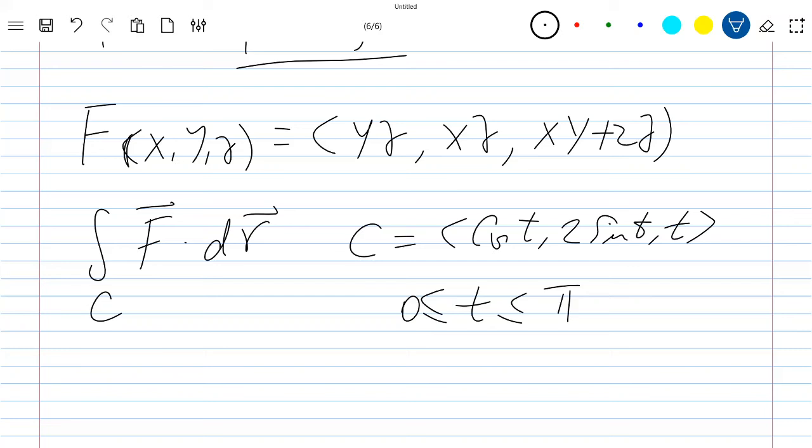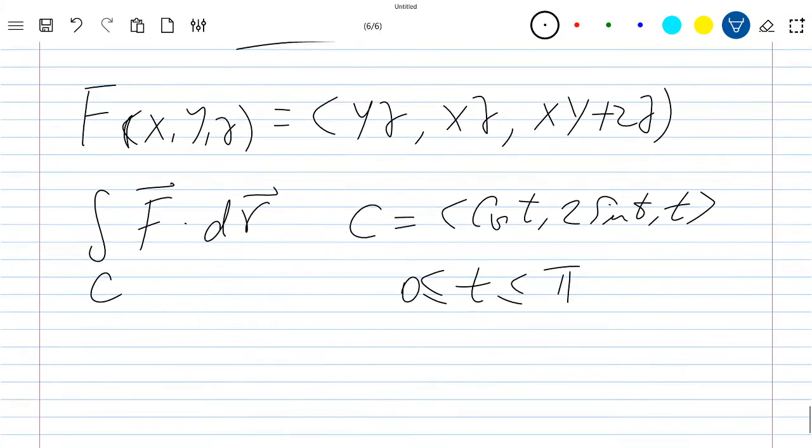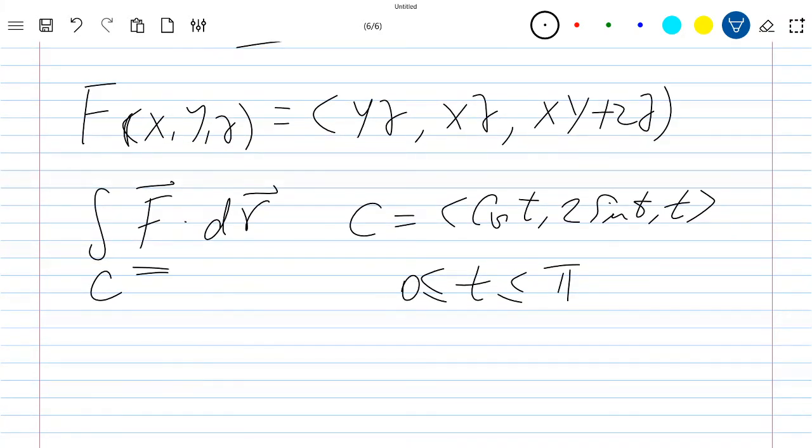Alright, so find this integral. Well, if you remember, we have to write down this f in terms of y, z, x, etc. Then in terms of t, and this dr will become x prime, y prime, z prime, everything in terms of t. So it's a very, very long formula, right? And then we integrate.